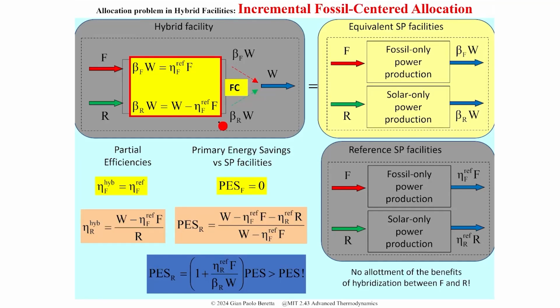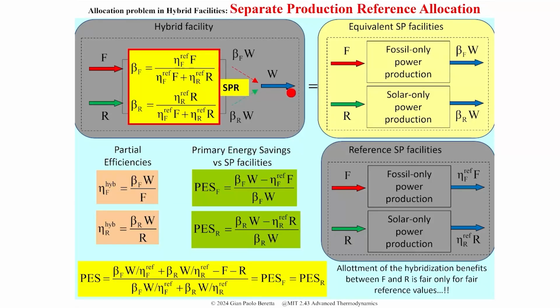But then this would be unfair, because these hybrid facilities would get the incentives even if they don't deserve it. Because part of the savings that is made by the hybridization should also go to the fossil line of the power plant. So also here, a reasonable way is to use a reference production.